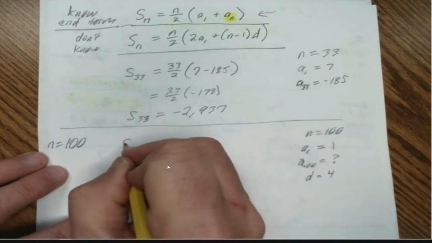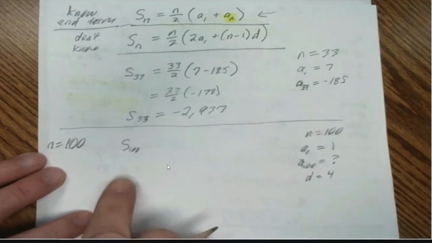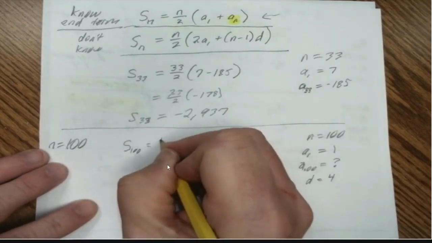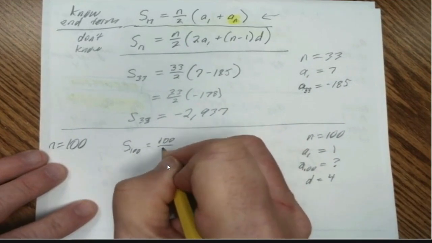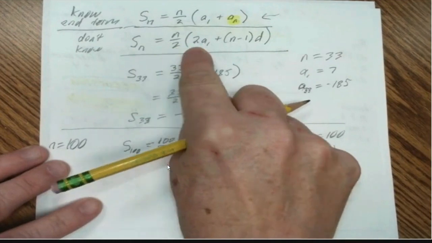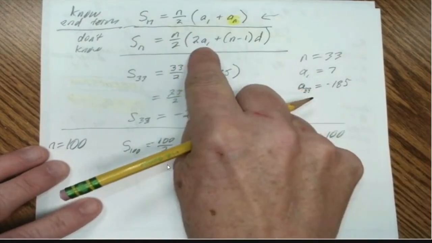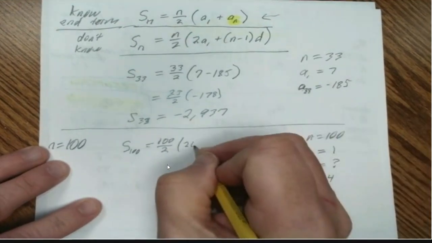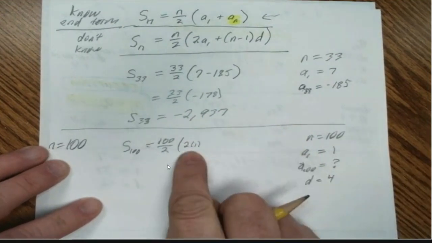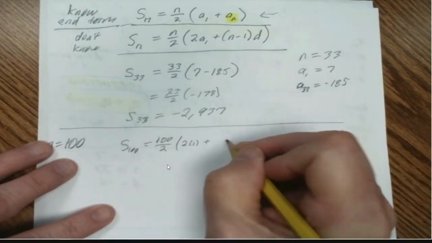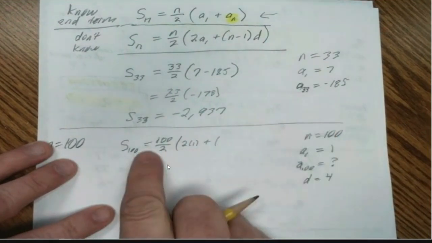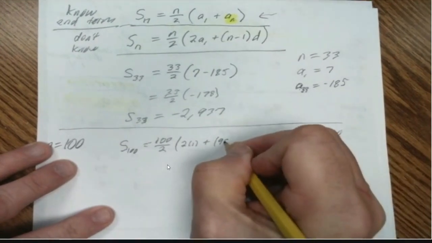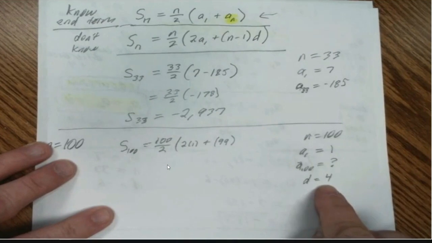So if we want to find the sum of the first 100 terms, adding them all together, it's n over 2, and n is 100. We're just substituting as we go. 2 times the first term. The first term is 1. Plus n minus 1. N is 100. N minus 1, so 99, times the difference, the d.